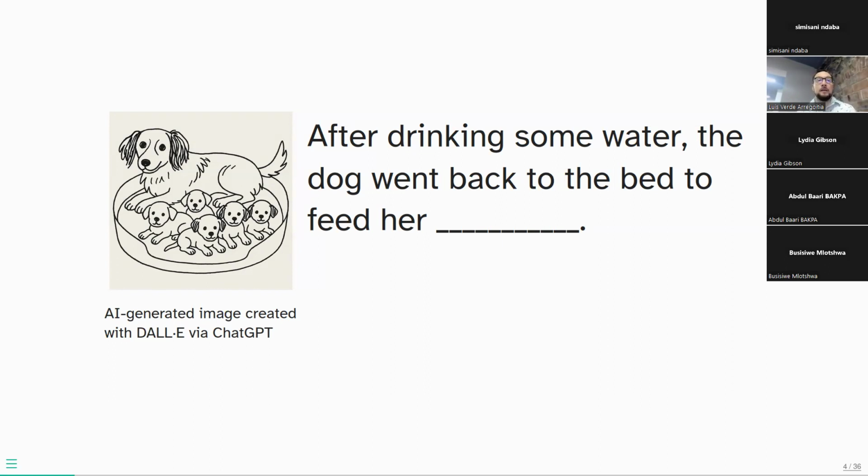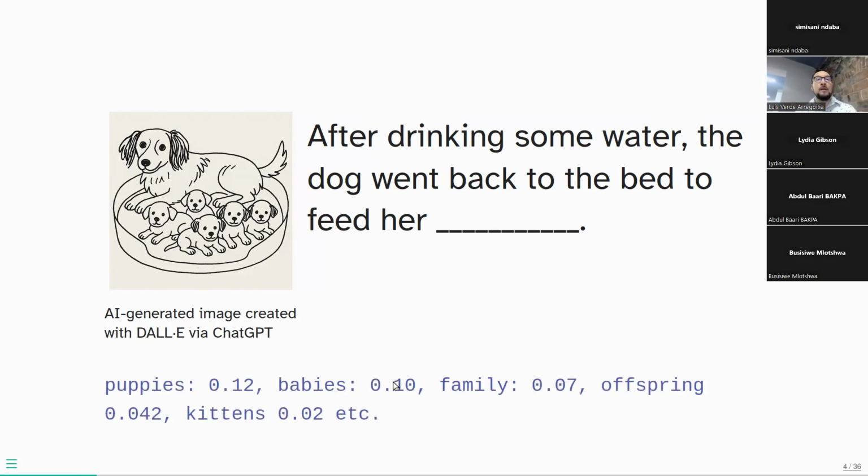So language models ultimately are models that can predict the probabilities of different tokens appearing next to each other. For example, puppies and babies might have a larger probability, the more frequent element of that sentence, and there might be some other terms that have different probabilities.